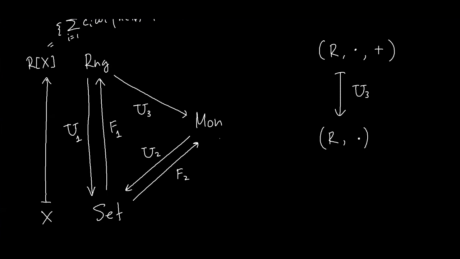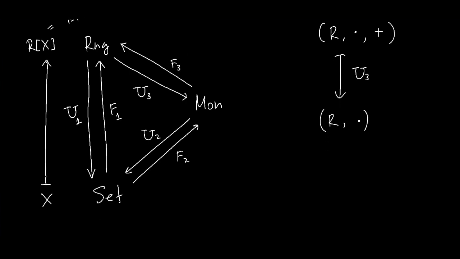And just like in most cases forgetful functors do, this one also has a left adjoint. And what this left adjoint does, it constructs a free ring over a monoid. Now, what does that mean?